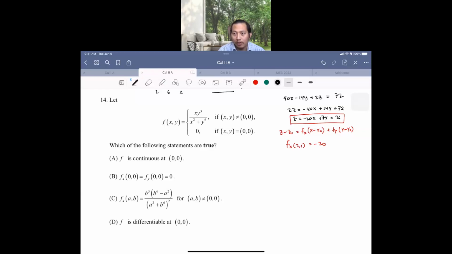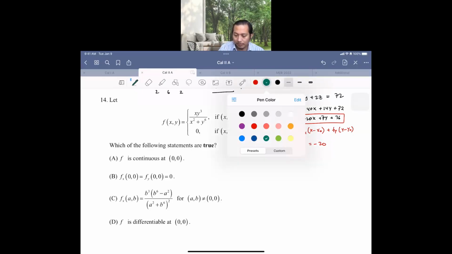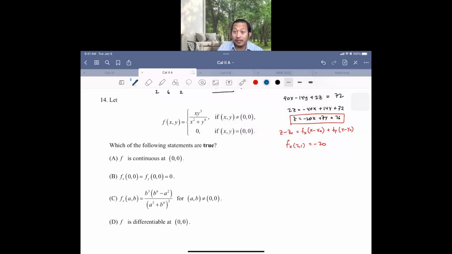Whenever you find one possibility that is discontinuous, or the limit doesn't exist, then it becomes discontinuous. I will just give you some steps: first is to analyze and observe. If we want to check whether the function is continuous or not at 0, 0, first we need to take the limit as x, y approaches 0, 0.